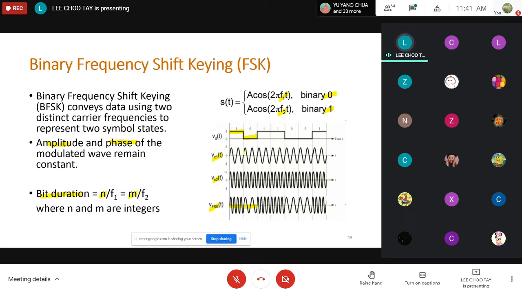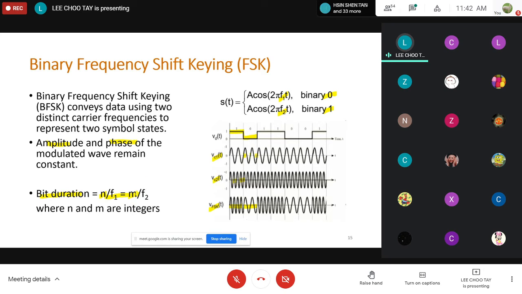In this case, we have 1, 2, 3, 4, so 4 cycles for binary 1, and for binary 0, we have 2 cycles. You cannot send half a cycle or 1.5 cycles. No, you can't. This is very important for signal recovery later on. So this is a condition.